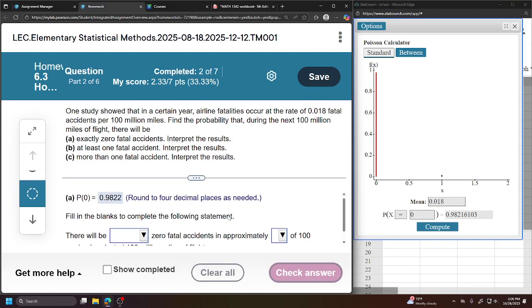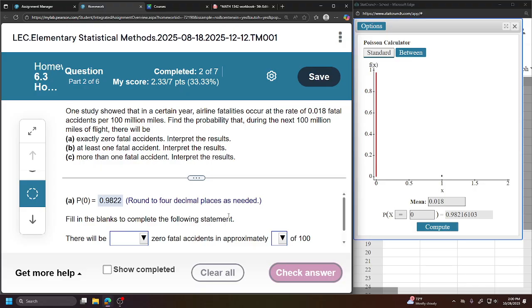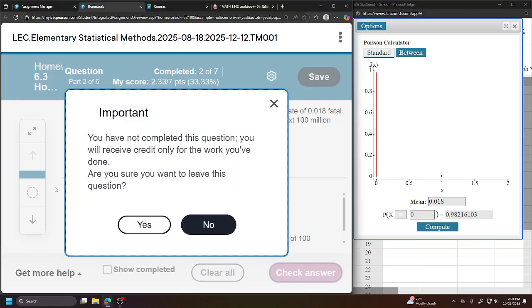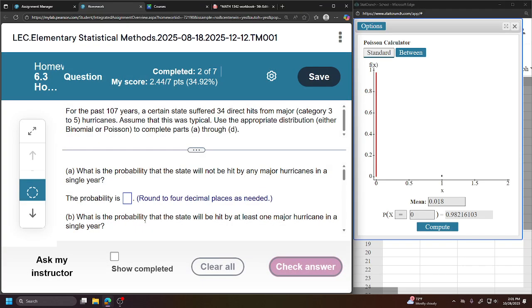Cool. See how this one I did not change anything? I didn't multiply. I mean, what? Multiply by 1 million? Doesn't sound right. But are y'all okay with me just putting in that number directly because they're saying per 1 million, per 100 million, right? See how they're the same? So I don't have to, like, change anything. I'm going to keep cruising.